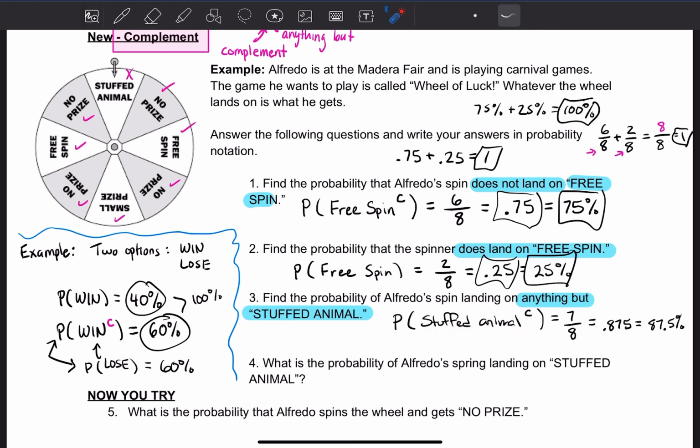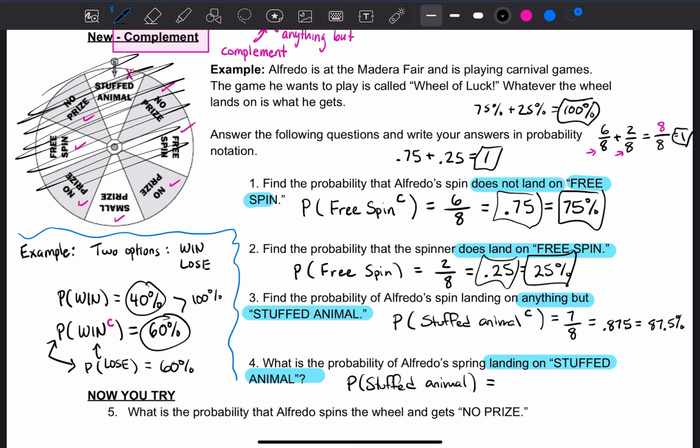Question 4 is asking us, what is the probability of Alfredo's spin landing on a stuffed animal? So now we actually wanted to land on a stuffed animal. Well, again, there's two ways to do this. If we have the picture, we can look at the picture, right? But let's just pretend for this example that we do not have the picture.